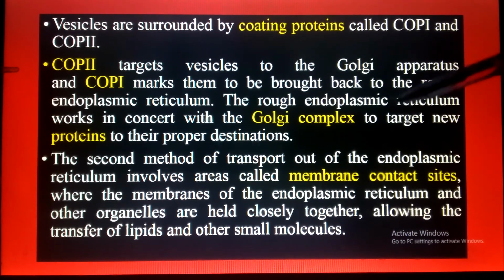The second method of transport out of the endoplasmic reticulum involves areas called membrane contact sites, where the membranes of the endoplasmic reticulum and other organelles are held closely together, allowing the transfer of lipids and other small molecules. Is it clear?